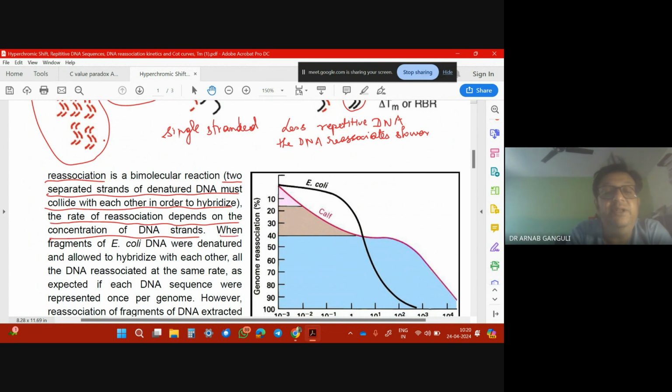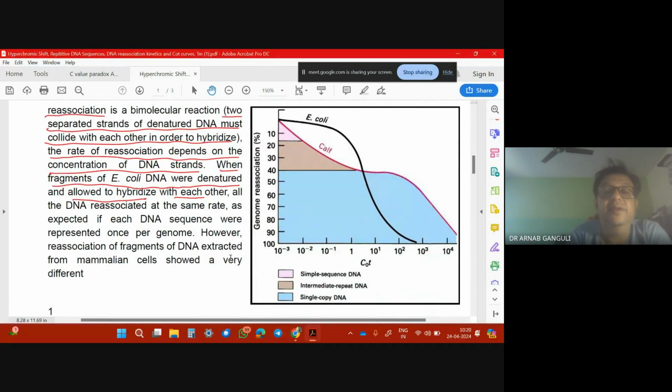So it was seen that when fragments of E. coli DNA were denatured and allowed to hybridize with each other, all the DNA reassociated at the same rate, as expected if each DNA sequence were represented once per genome. So in E. coli, repetitive sequences are not there, and all of the fragments reassociated at the same time.